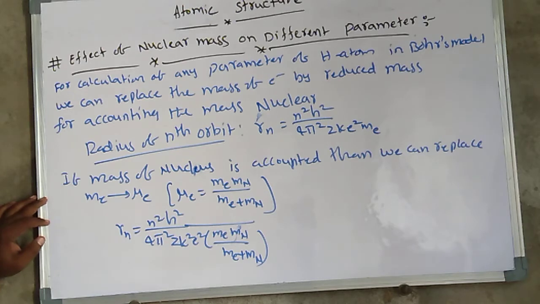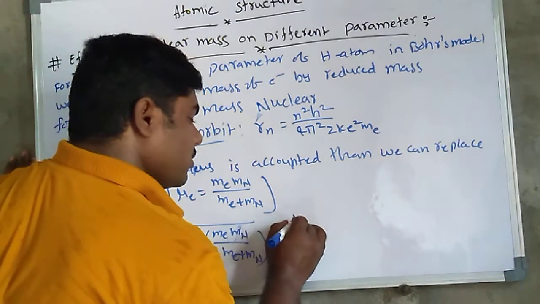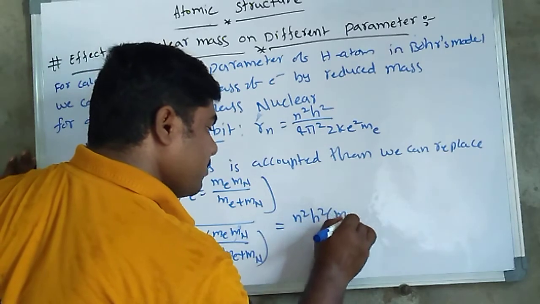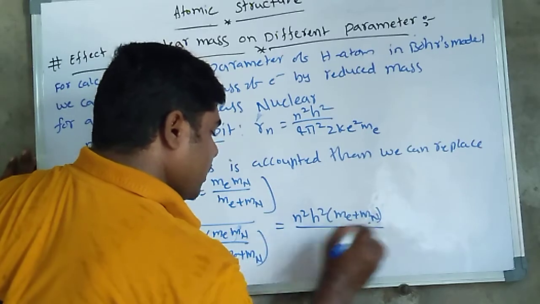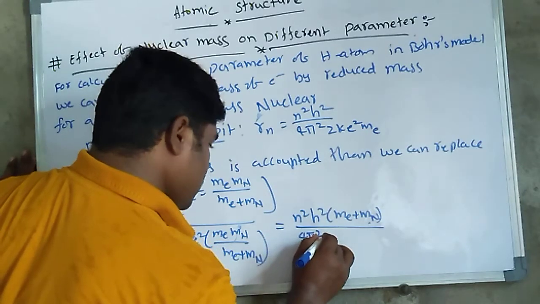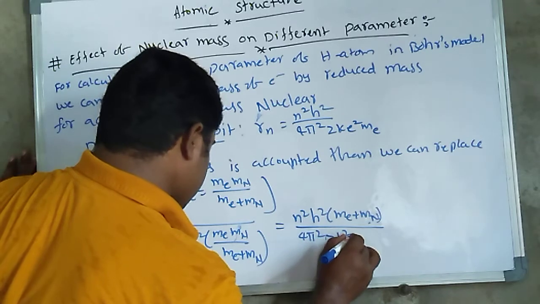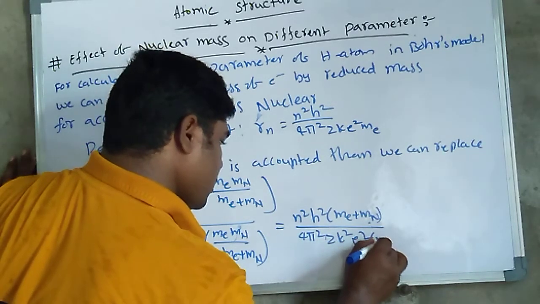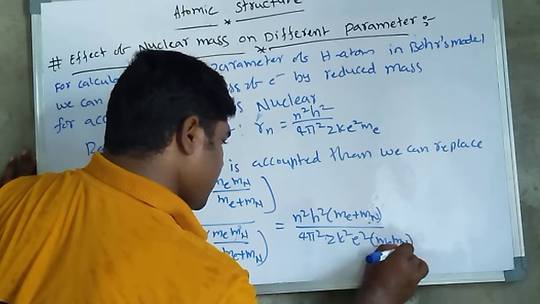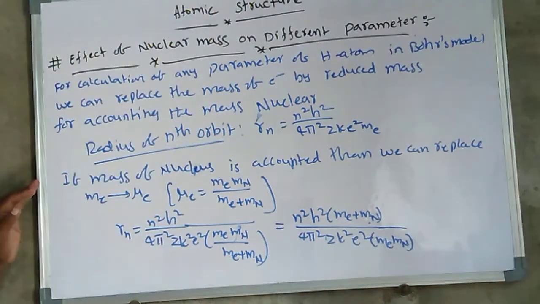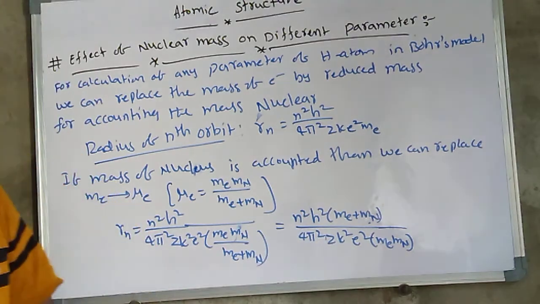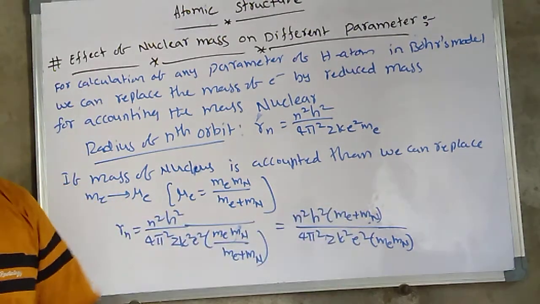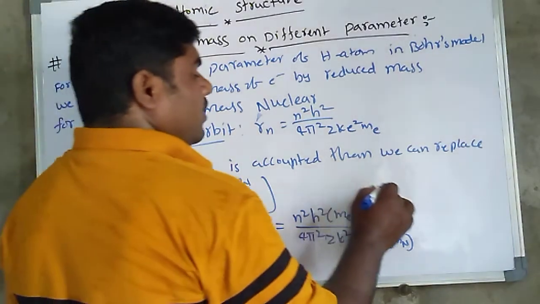So the final value is n square h square into me plus mn divided by 4 pi square Z k square e square me mn. So all these are constants. Here n and z are the only variables, and me and mn also.